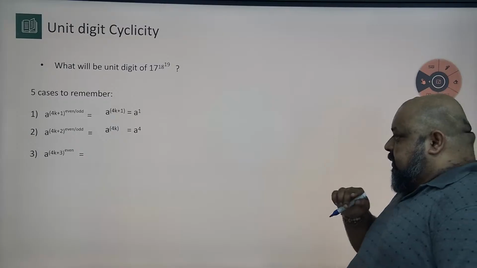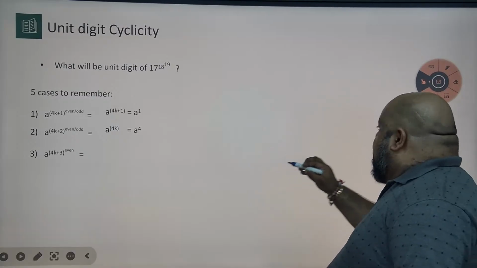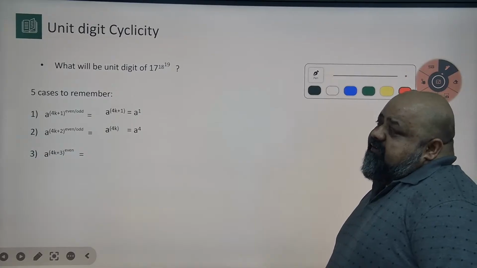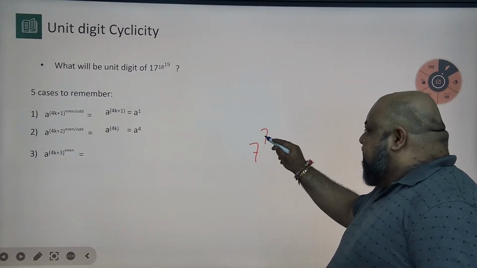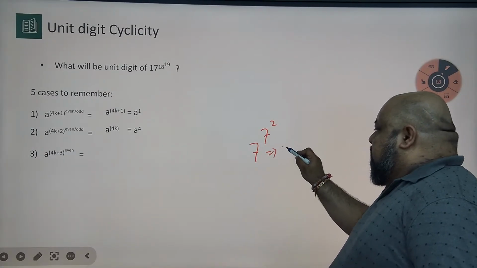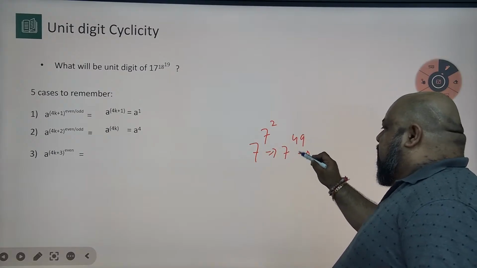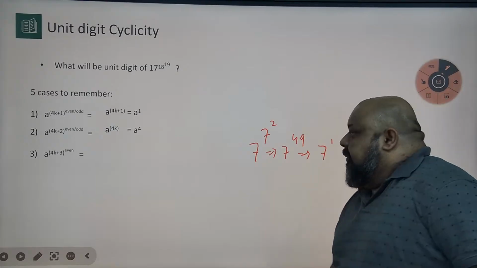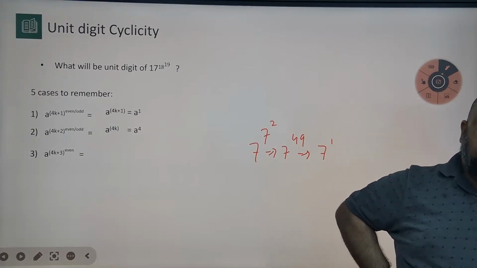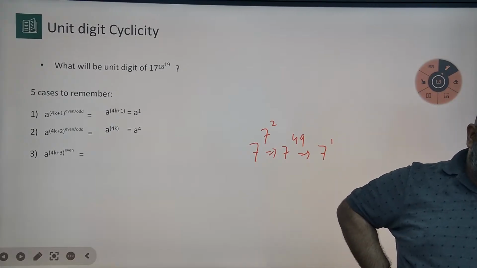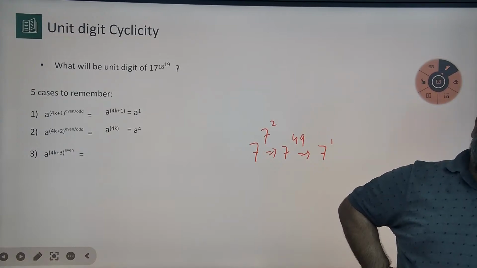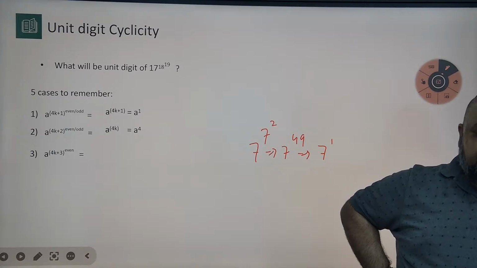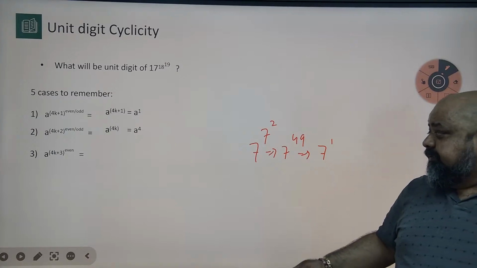Okay, so for 4k plus 3, I need a number which when divided by 4 leaves a remainder of 3. 7 works. 7 raised to power 7, then squared, is 7 raised to power 49. 49 divided by 4 leaves a remainder of 1. So A raised to power 4k plus 3 raised to power an even number gives me the answer as A raised to power 1.